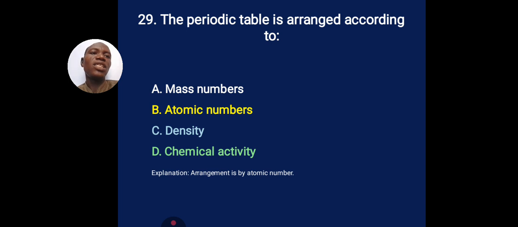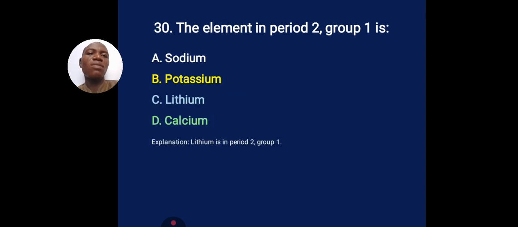29. The periodic table is arranged according to atomic numbers, of course, not based on the mass number, not based on density, not based on chemical activity. The last question says the element in period 2, group 1 is, sodium, potassium, lithium, calcium.